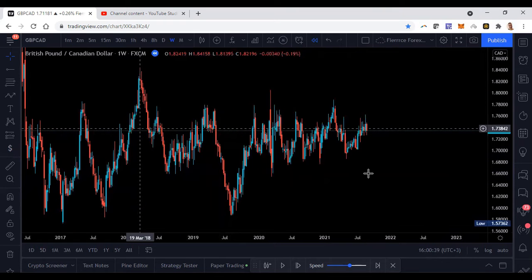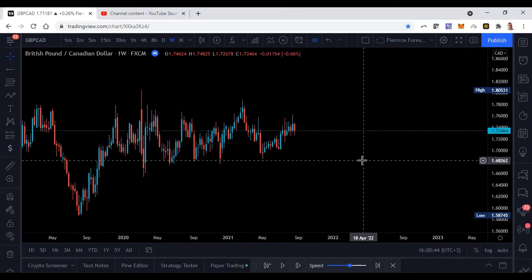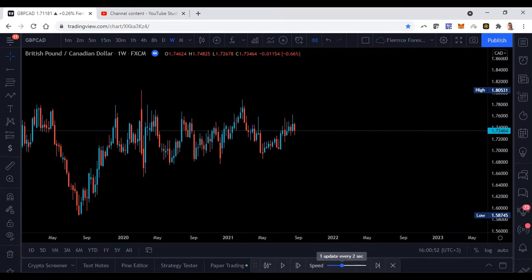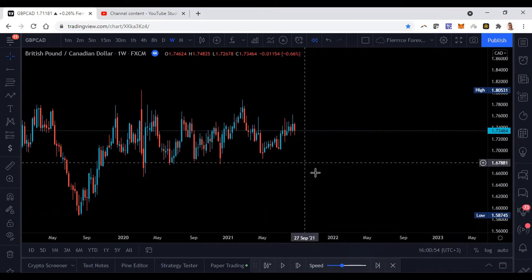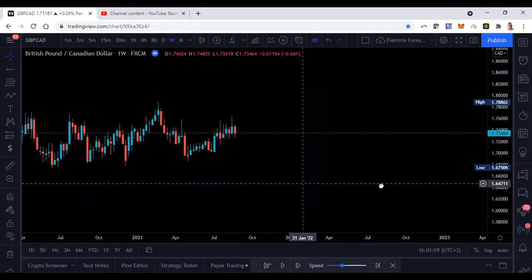Right about now, we are still consolidating. I just need to check the speed of this so that it's not too slow and not too fast. Okay, let's just leave it there.